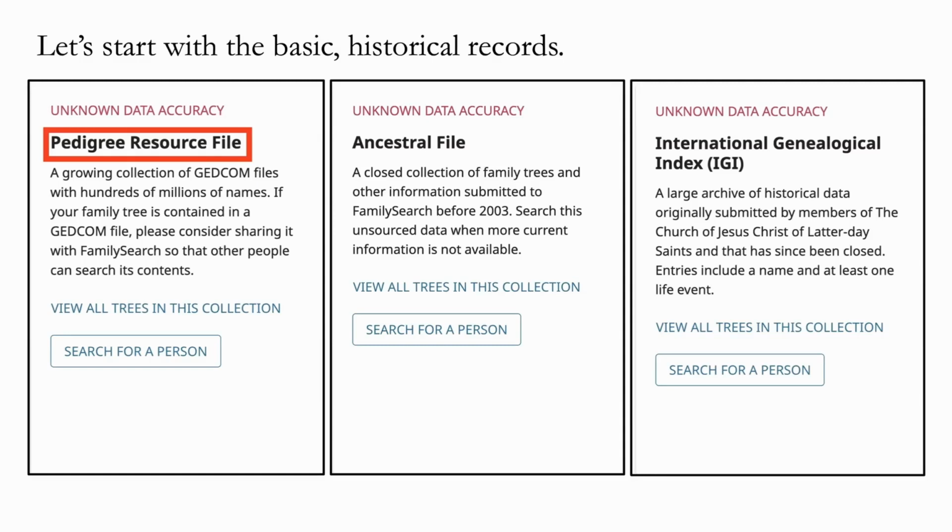Now, this is what I always looked at as the bad news. The bad news is that a substantial portion of the Pedigree Resource File, though not all of it, was used to seed the new.familysearch.org website originally. That information went into the database that was used to create the FamilySearch Family Tree.